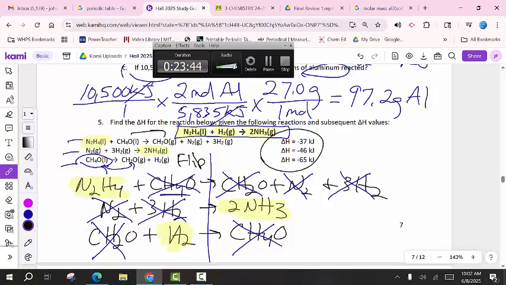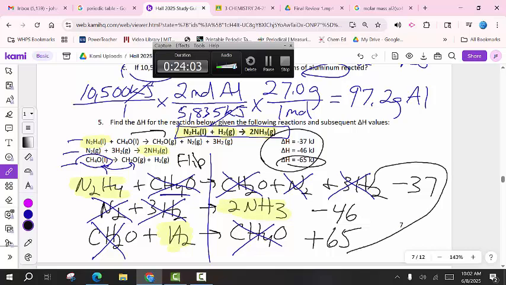So now I'm going to focus on the values. So because I kept the first one the same, I'm going to keep that number the same. I kept the second one the same, so I'll keep that number the same. Now I took this reaction and I flipped it, and what we do is we change the sign. So instead of being negative 65, that's going to become positive 65.